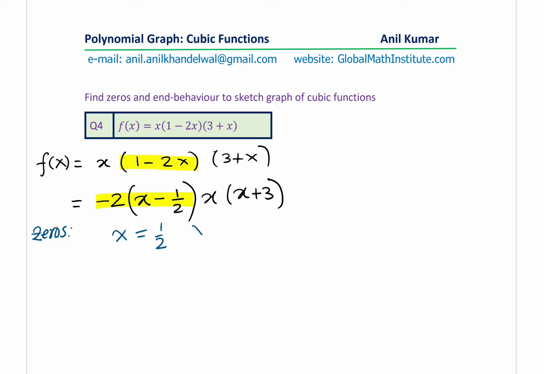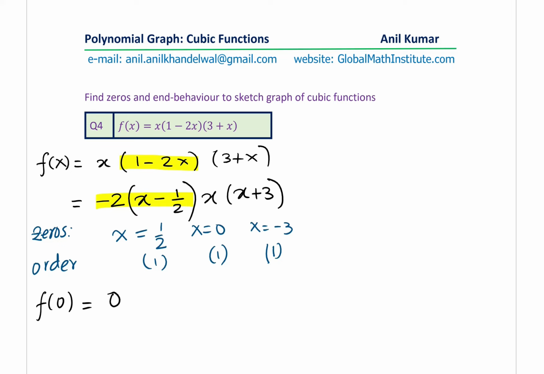And in this case, at x equals 0, and here at x equals minus 3. The order being 1 in all the three cases. These are all linear zeros. Let's also find the y-intercept. That is the value of the function when x equals 0. So f of 0 is what? As soon as I substitute 0 here, we get 0.